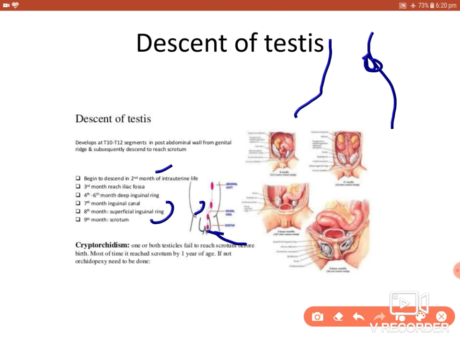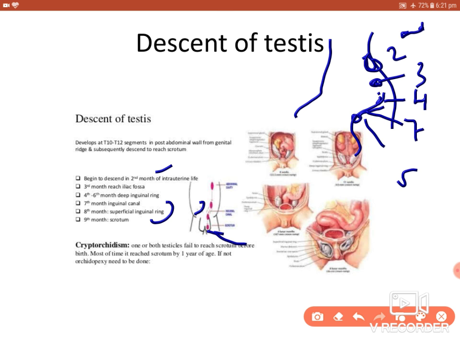Then it starts to descend from the second month of intrauterine life, reaches the iliac fossa at the third month, then reaches the deep inguinal ring at the fourth month, then travels the inguinal canal at the seventh month, then reaches the superficial inguinal ring at the eighth month, then reaches the scrotum at the ninth month. Okay, that's about the descent of the testis.